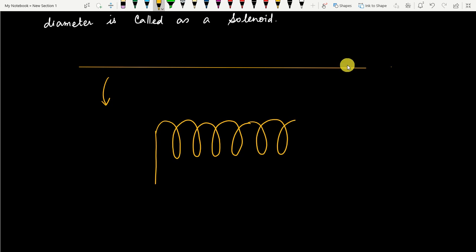It looks more or less like a spring. Now you have got turns of copper wire here, and if you connect this to a cell or a battery, then this would also produce magnetic field lines. Now this is a solenoid.